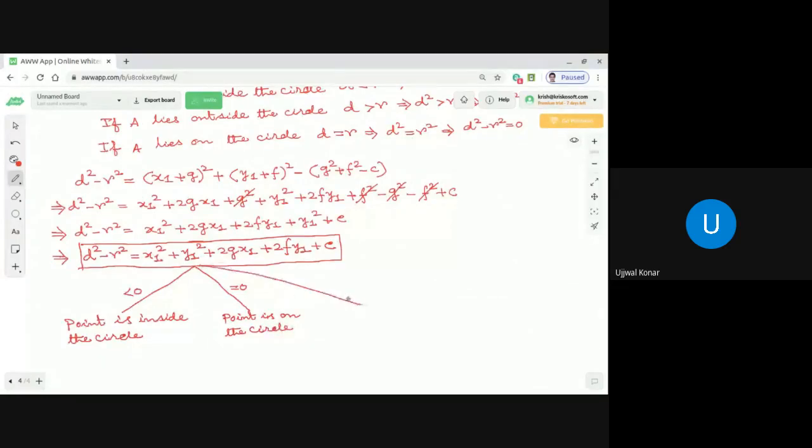And if it is greater than 0, the point is outside the circle. Got it? Very clearly, dear students.